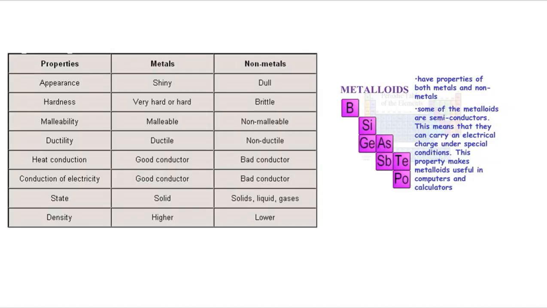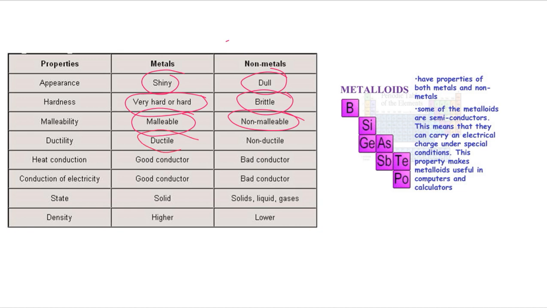Let's see the characteristics of metals and non-metals. Metals are shiny, non-metals are dull. Metals are hard or very hard, and non-metals are brittle. Metals are malleable. It means that they can take different forms. Non-metals are non-malleable.